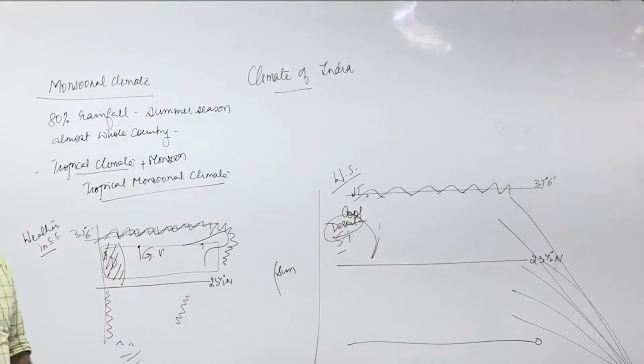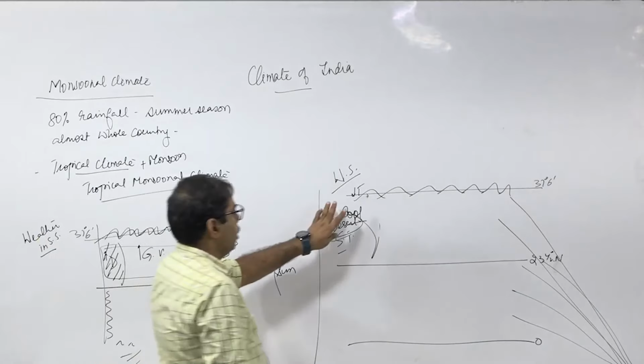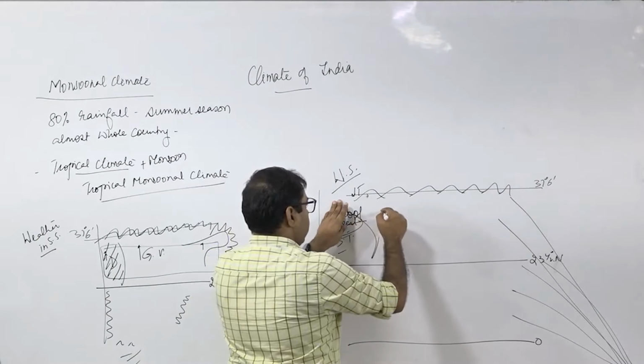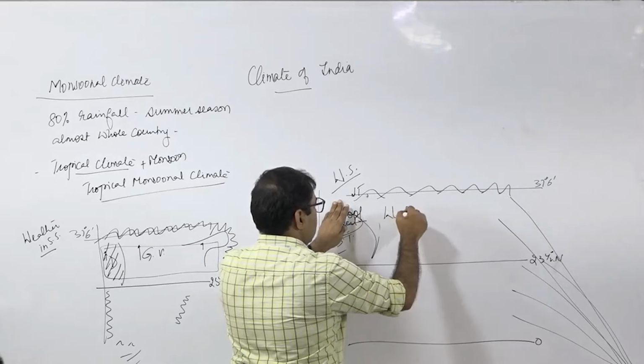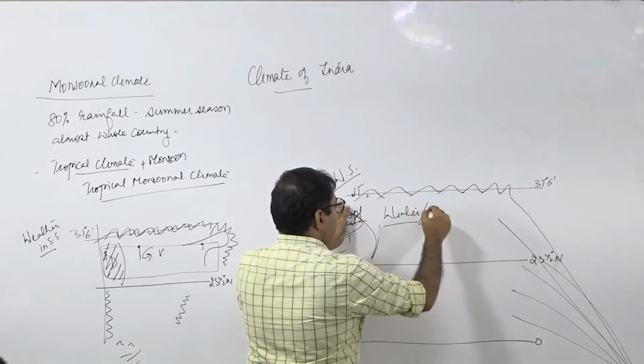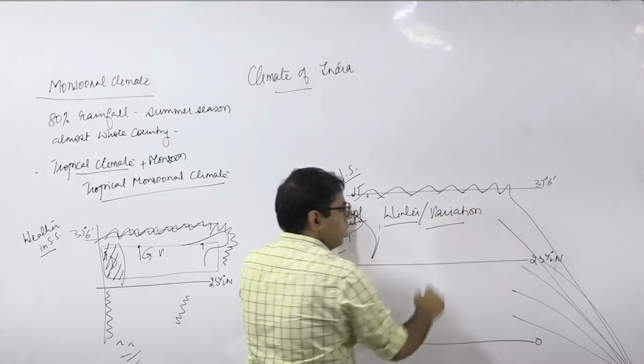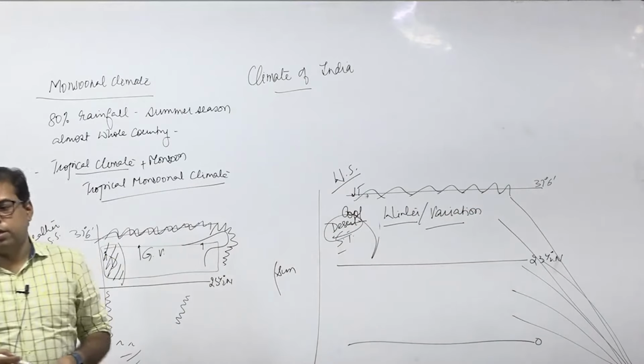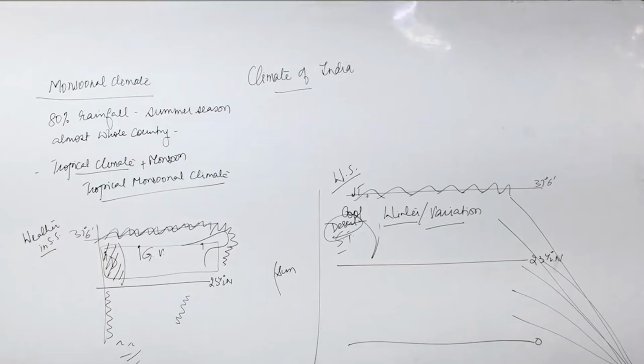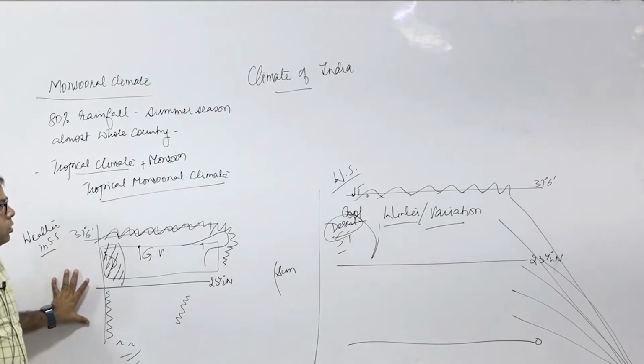Clear? So this whole area will start coming under the effect of winter or large variation in the temperature. The rate of heating is equal to the rate of cooling. समझ में आ गया? क्लियर हो गया? राइट? अब इसको मॉनसून मैकेनिज्म से कनेक्ट कर दो.